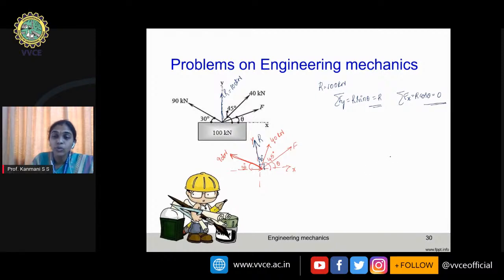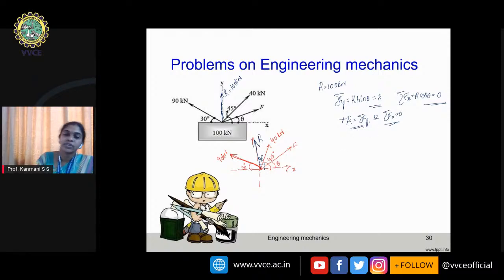So the two conditions you should remember are R equals summation Fy and summation Fx equals 0. Remember, R is moving in the upward direction, therefore summation Fy is plus R, not minus R. Keeping these two equations, we will find F and theta.